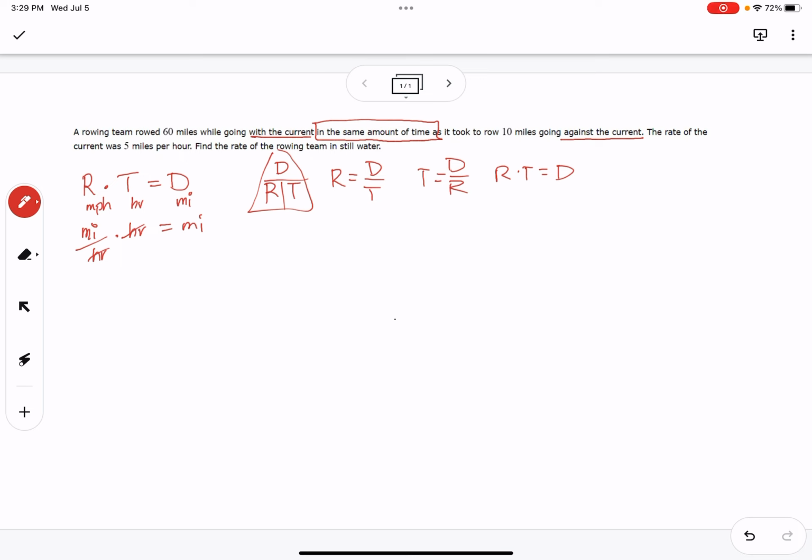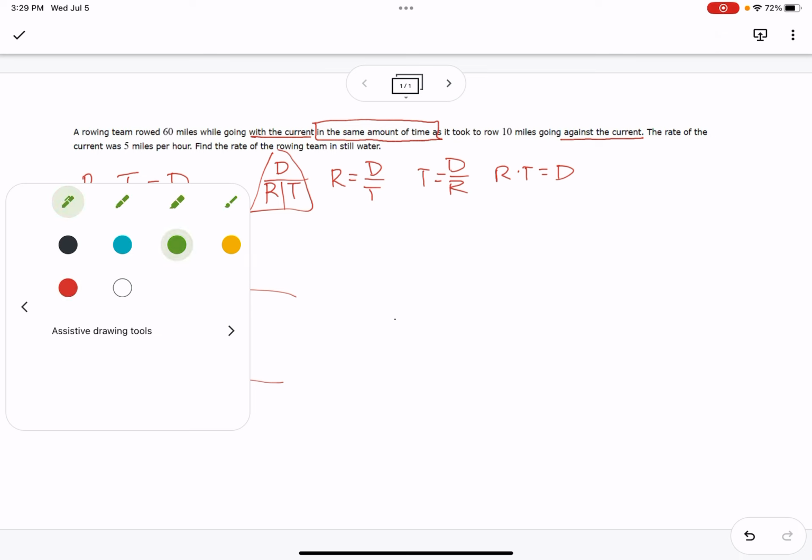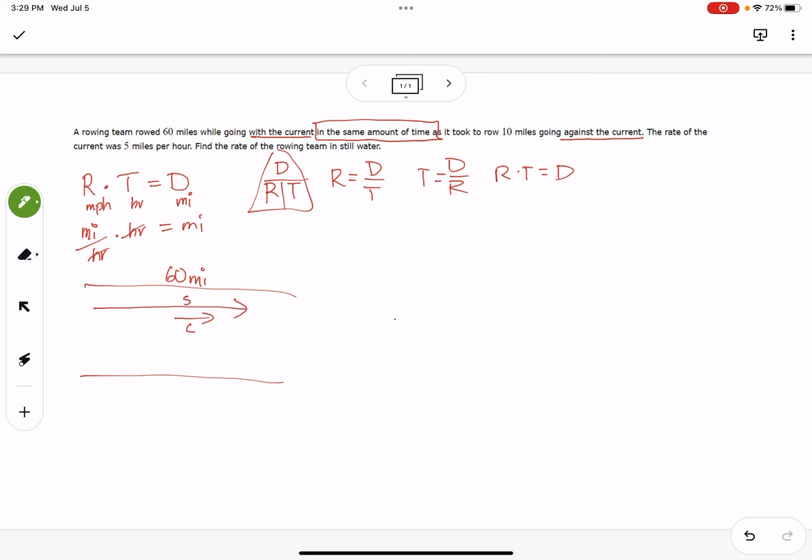Okay, so knowing this, we have two situations, and drawing a picture is another strategy. So with the current, there's the current and the speed of the boat, and they're going 60 miles for that first leg. I'm just mapping out what we know. I'm not really sure where we're going yet.